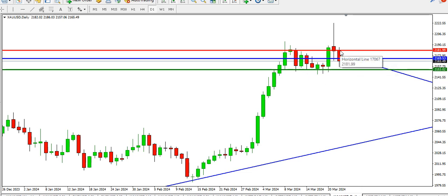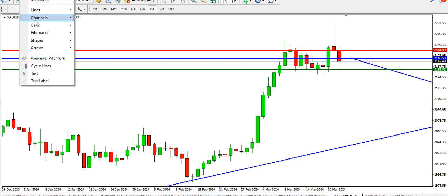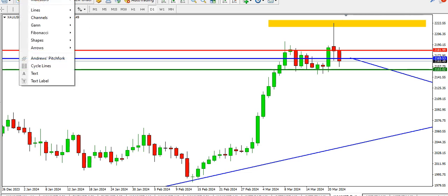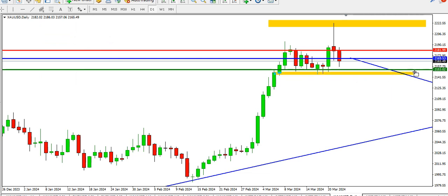So we'll expect price to push to the 2153 support line before we might continue to see some level of consolidation or a range. Now, the present range, we have this as our range top for now, and this as our range bottom.